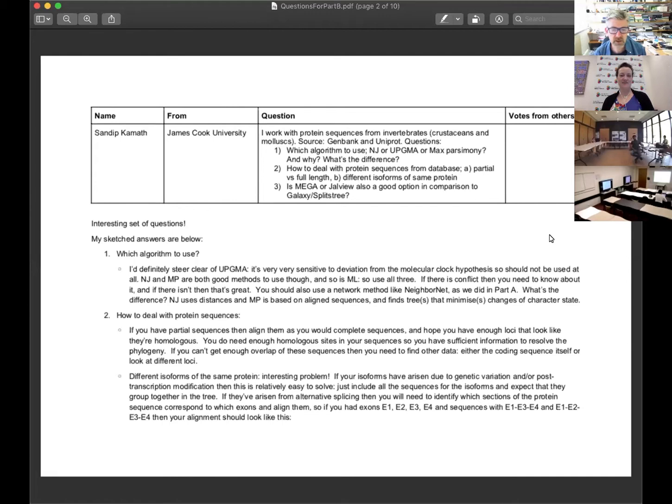That was that a lot of questions are relating to potentially different trees estimated from different loci, like different genes or maybe different parts of a chromosome or maybe nuclear versus mitochondrial DNA, and how to accommodate the differences between the inferred trees that you might get from those different data sources.